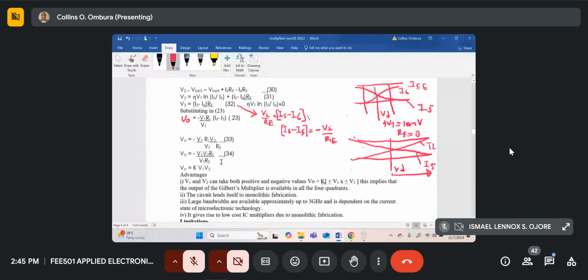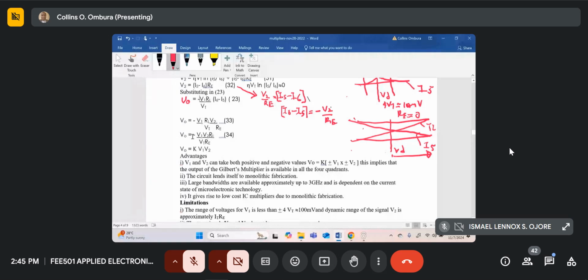Or if you rearrange it better, V naught is V1 V2. The minus just means that the output voltage is inverted. You can convert it back by using another inverter, an amplifier that inverts.